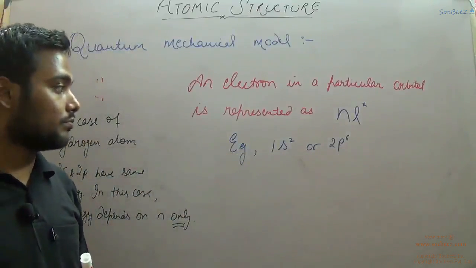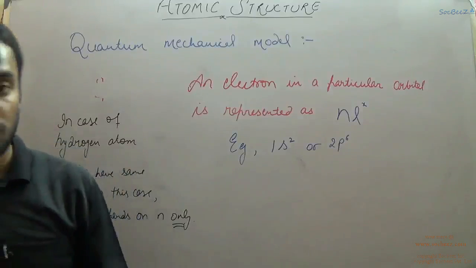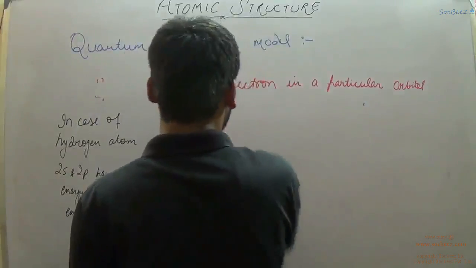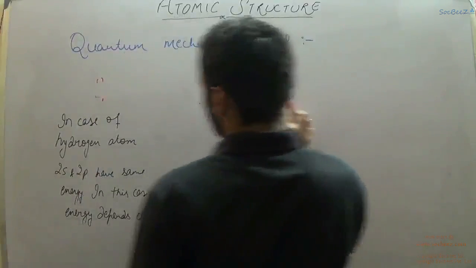So, let's discuss an example of the total number of electrons that can be accommodated in principal quantum number 3.